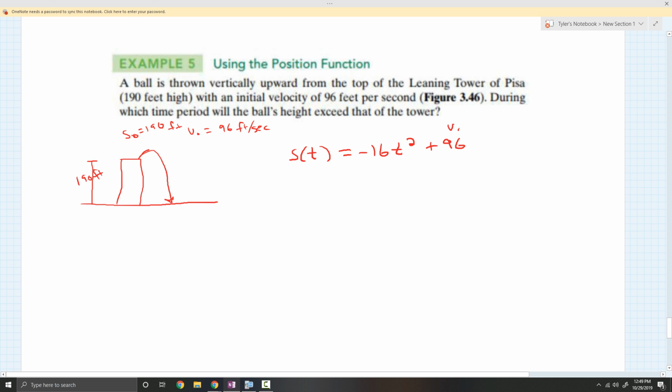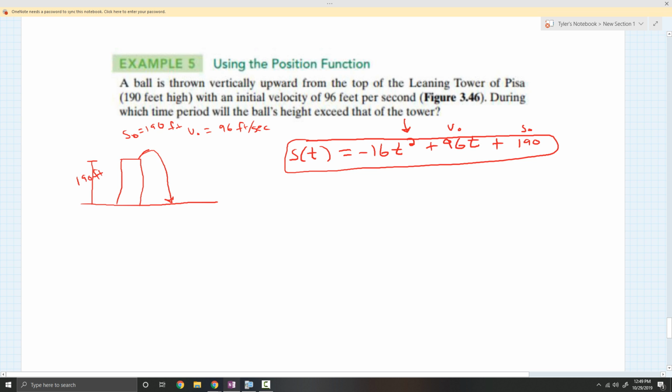So that's v naught, times t, and then plus s sub naught here, which we know is 190. So this is my equation to represent the height of the ball after t seconds. And notice it's a quadratic, a degree 2 polynomial.